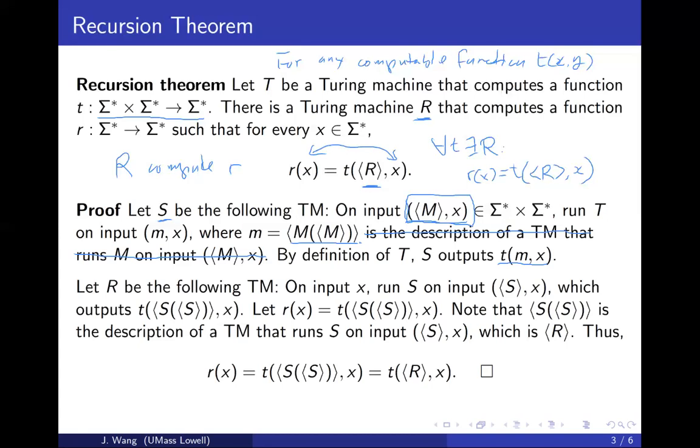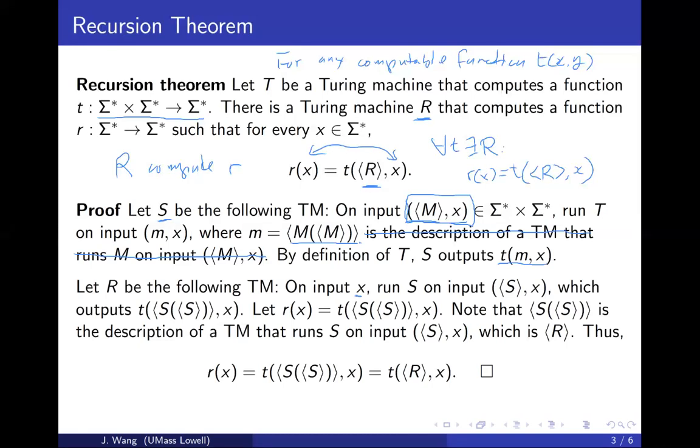So now let R be the following Turing machine. For any T, we have this Turing machine R, which takes input X and runs S, the one we just constructed.